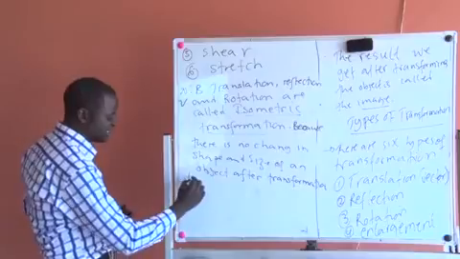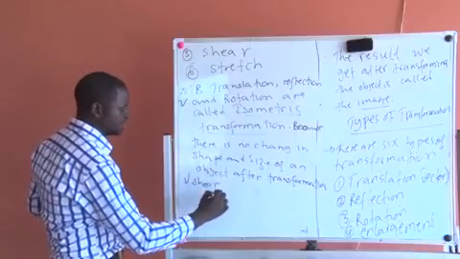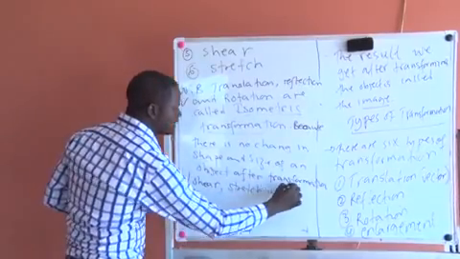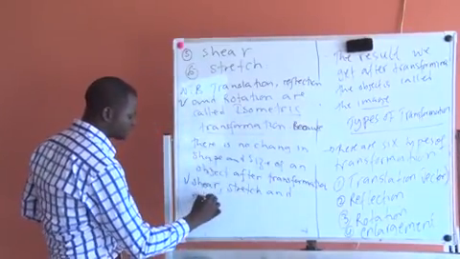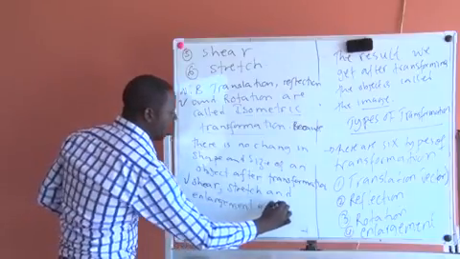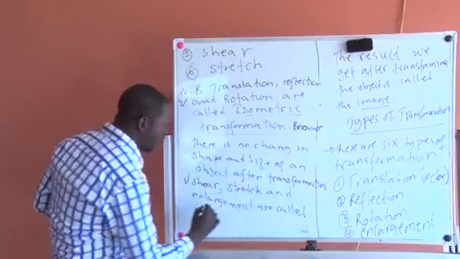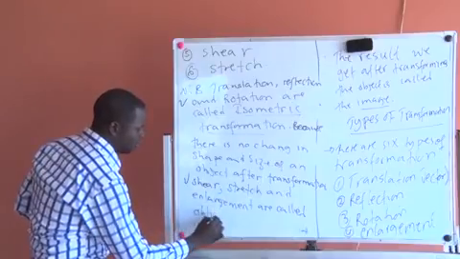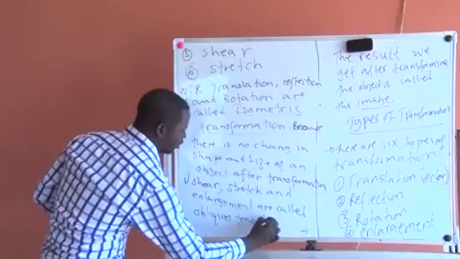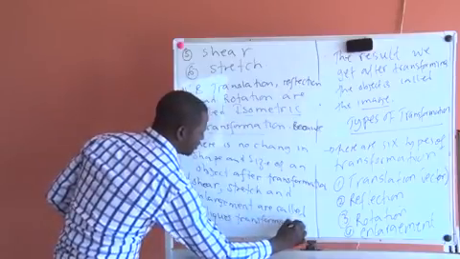Second point to note is this: shear, stretch, and enlargement are called obliques transformation.